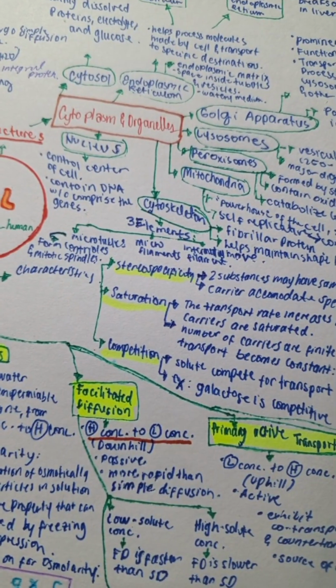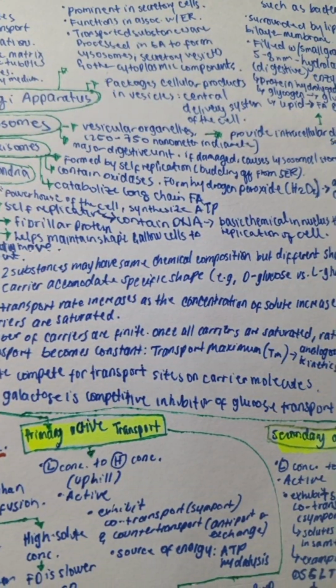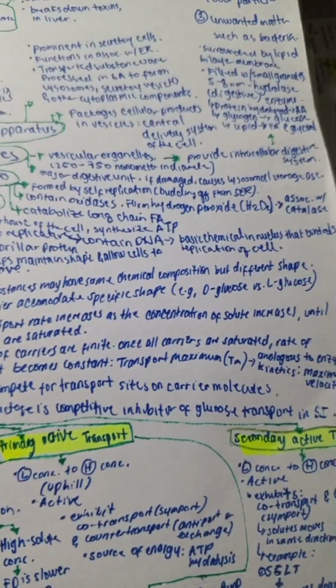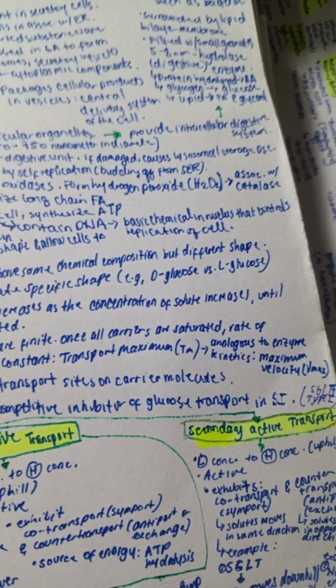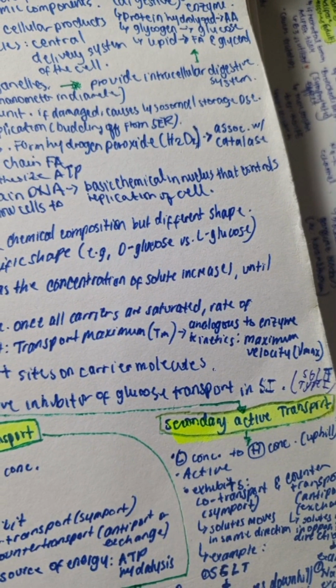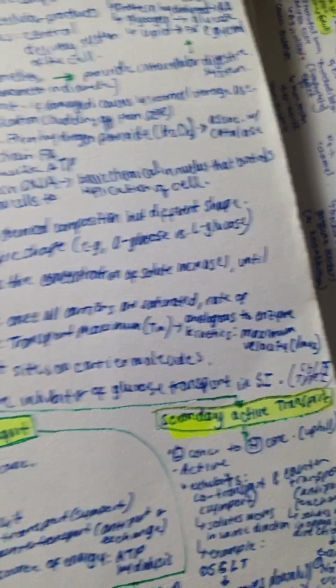And another is competition. It means that solutes compete for transport sites on carrier molecules. An example is galactose, which is a competitive inhibitor of glucose transport in the small intestine, like with the SGLT transporters.